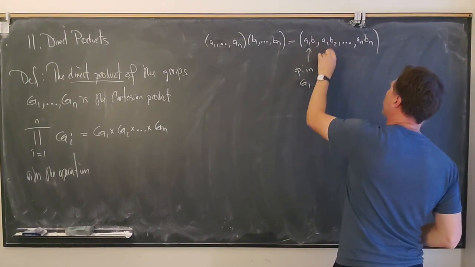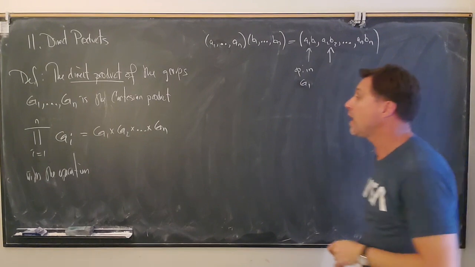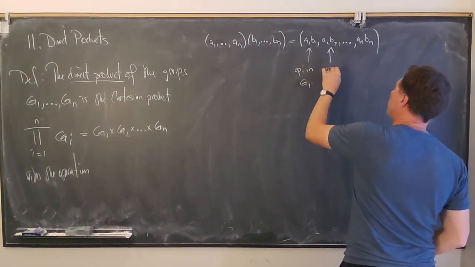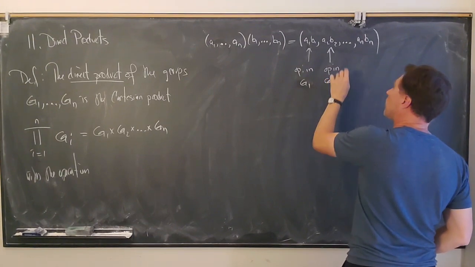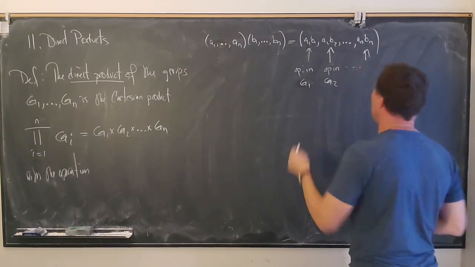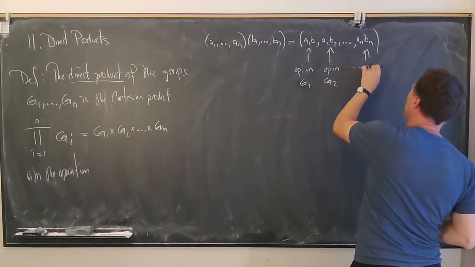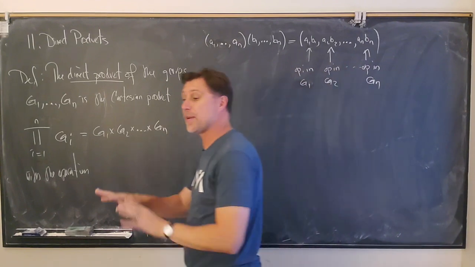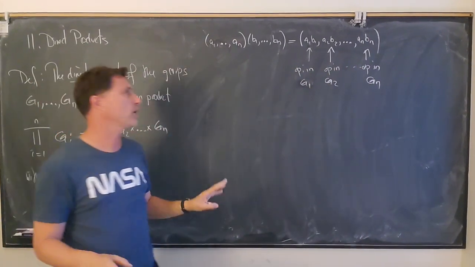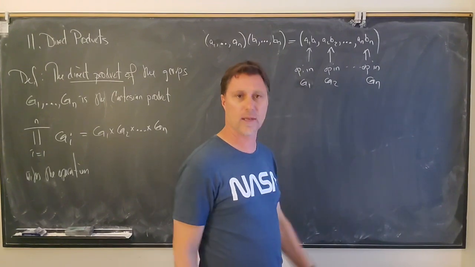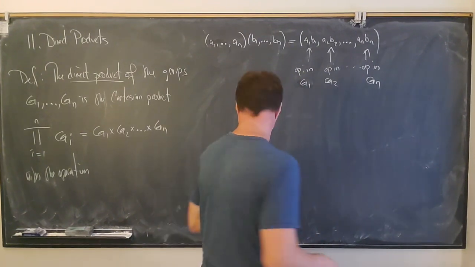And then when I write down a2 times b2, this is happening inside G2, so that's the operation in G2, and you go all the way down the line. When you get to an times bn, that is the operation in G sub n. So remember, these are different groups. They might have completely unrelated operations. a1 may have absolutely nothing to do with an, because they live in totally different groups.